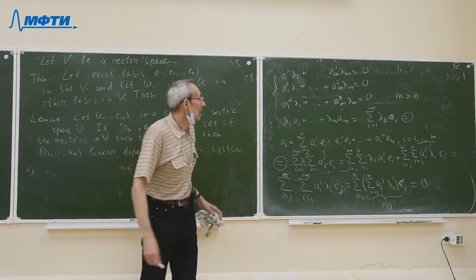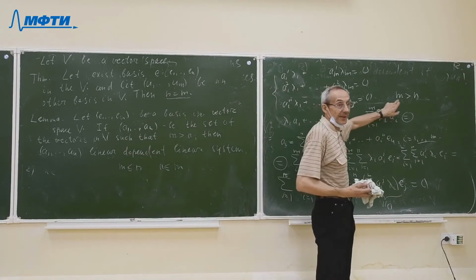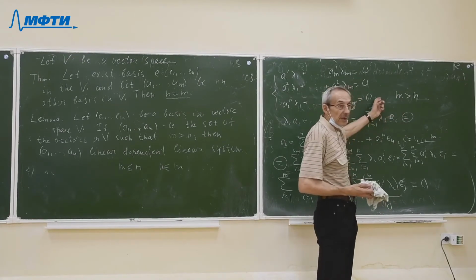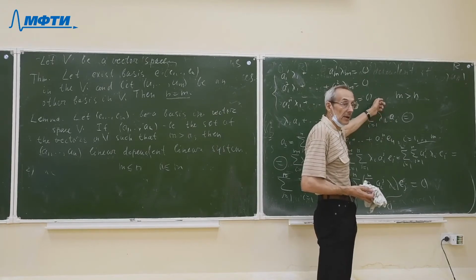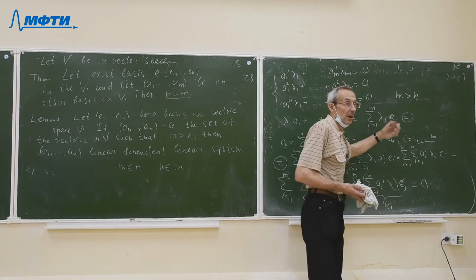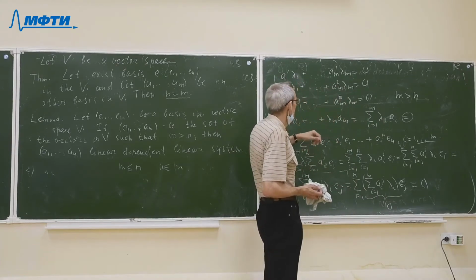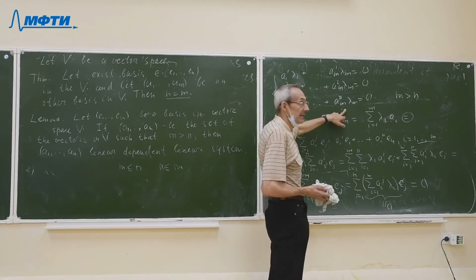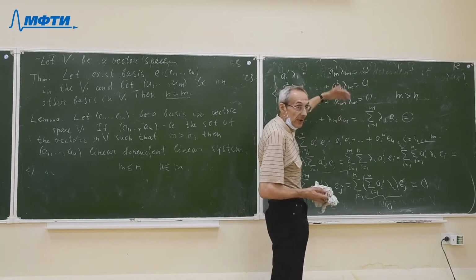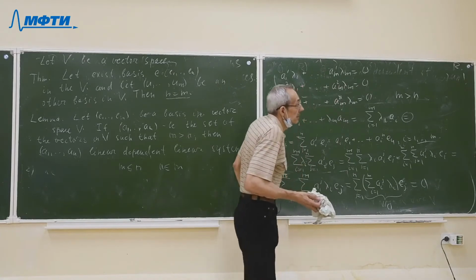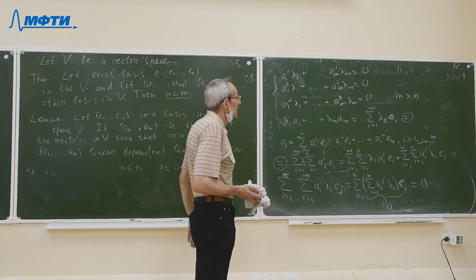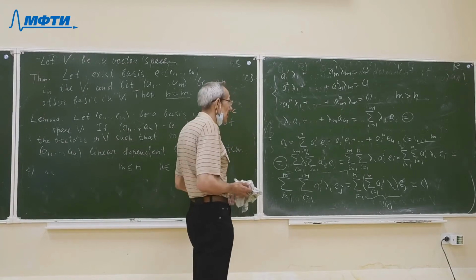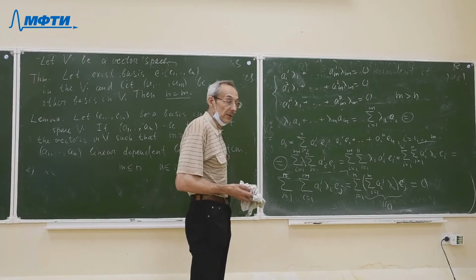And in this linear system, m is greater than n. It is easy to see that this linear system has a non-zero solution, because the number of unknowns is greater than the number of equations. For example, the Gauss elimination method gives us that such a system has a non-zero solution.